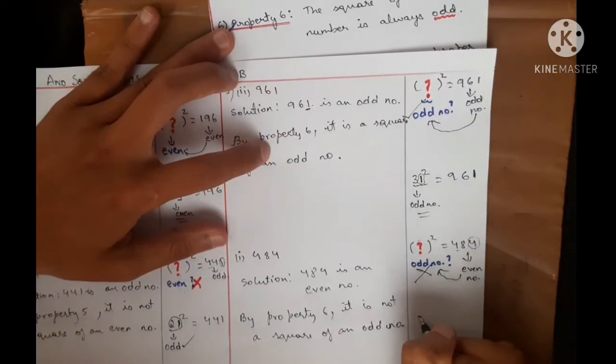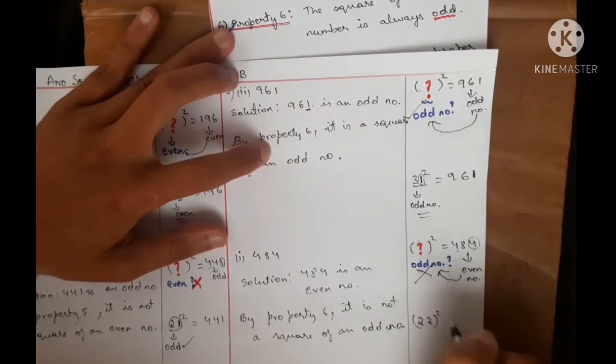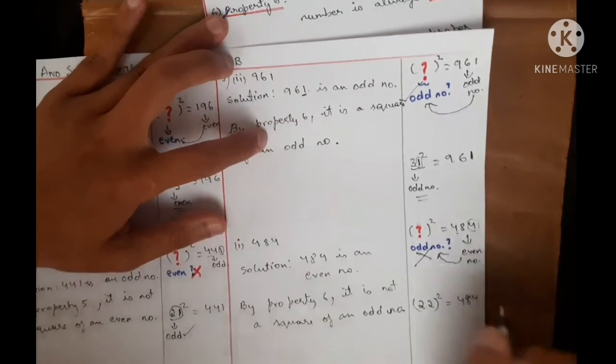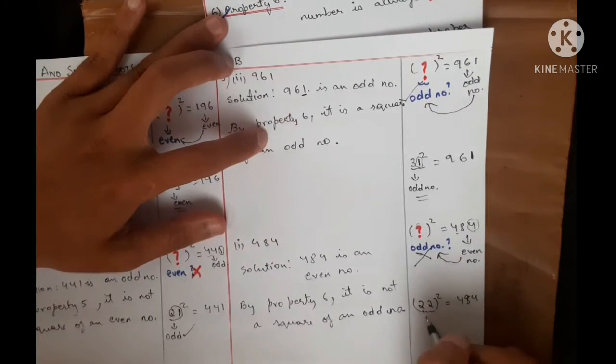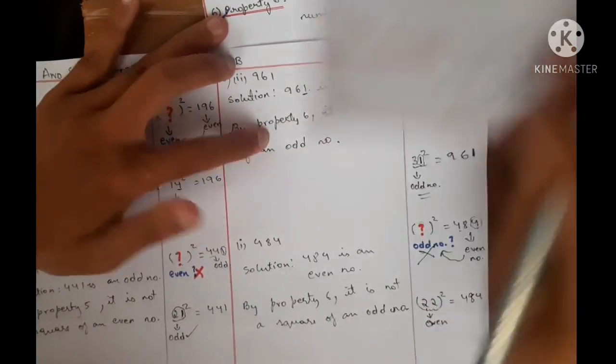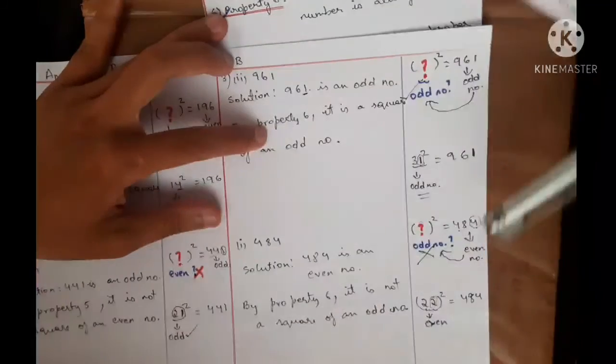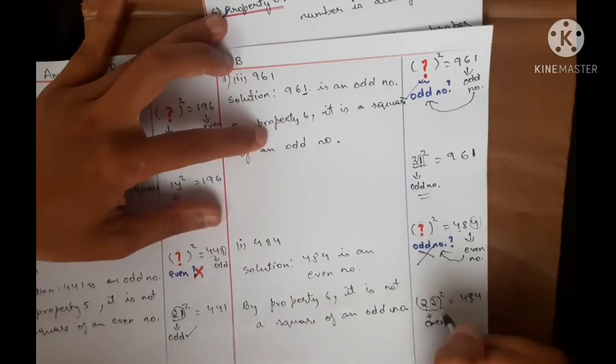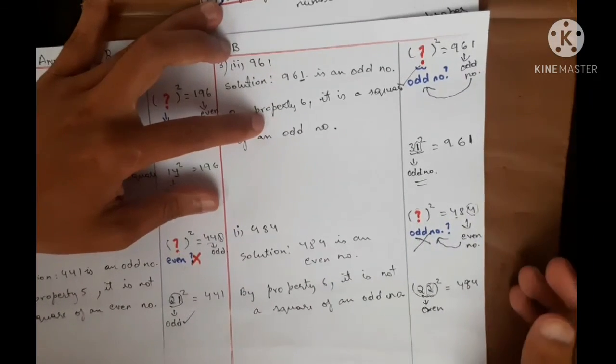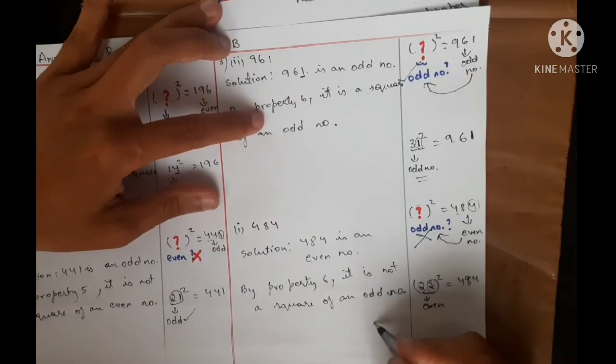When you square 22, you get 484. So 22 is an even number because it ends in 2, and 2 is an even number. So clearly this is an even number. 22 is not an odd number. Hence the result.